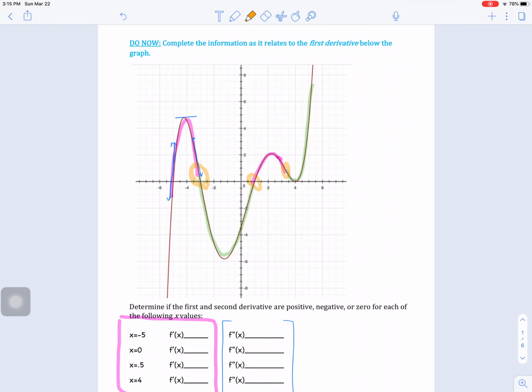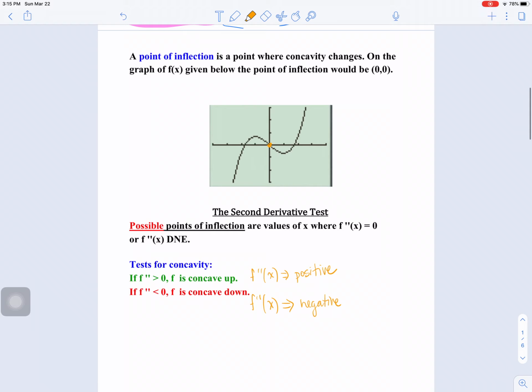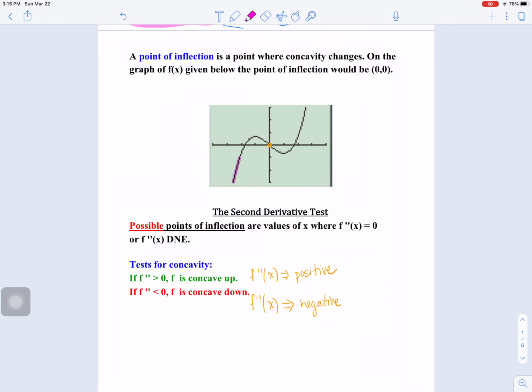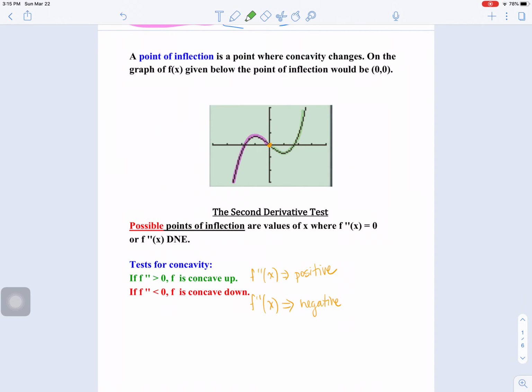Those points where the concavity changes are called points of inflection. In the graph below, (0, 0) would be a point of inflection because the graph is concave down on the left of it and concave up on the right side of it.